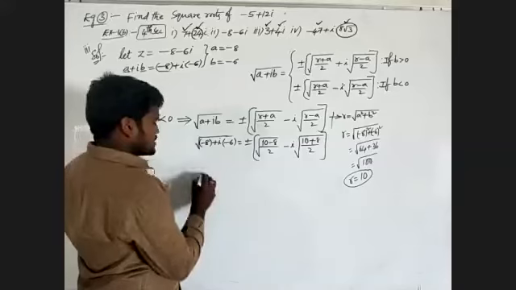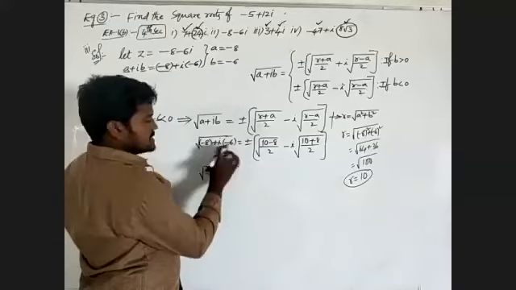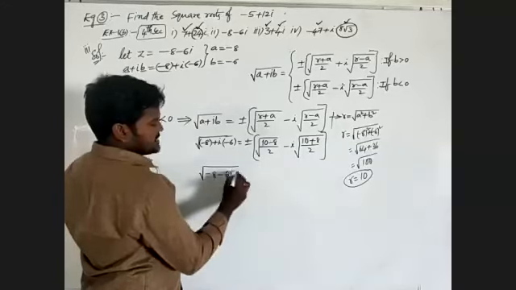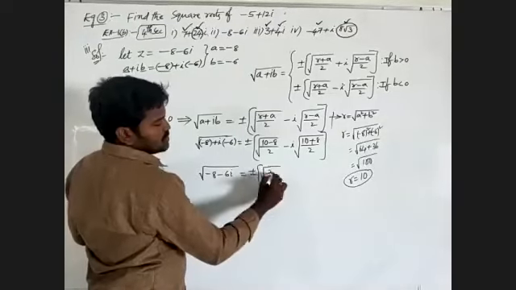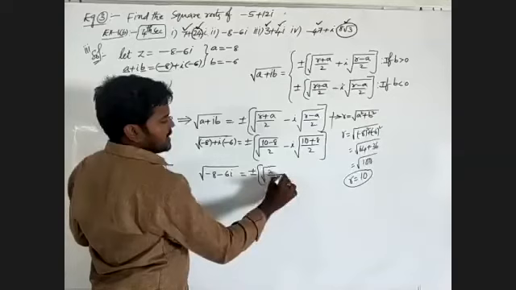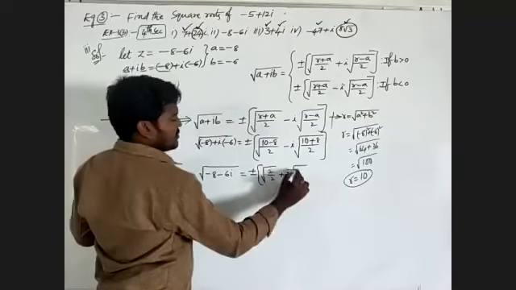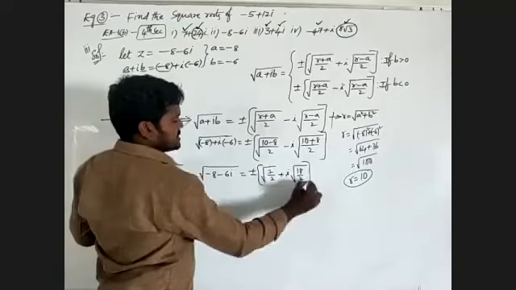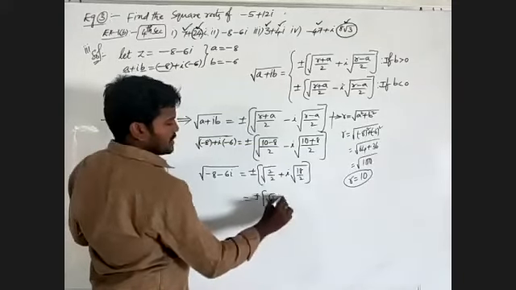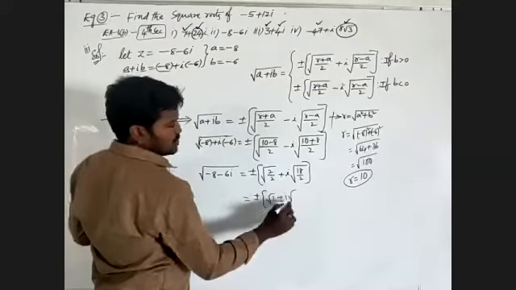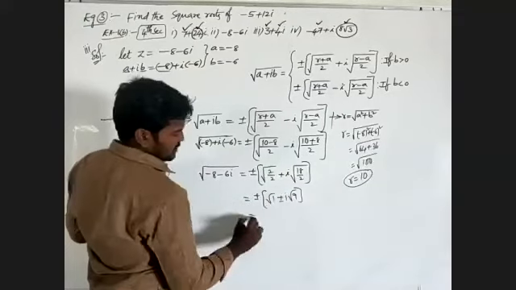That must be written as root of minus 8 minus 6i is equal to plus or minus root of 10 minus 8 is 2, 2 by 2, plus i into root of 18 by 2. That means plus or minus, 2 by 2 means root 1, and root 9. Root 1 will become 1.